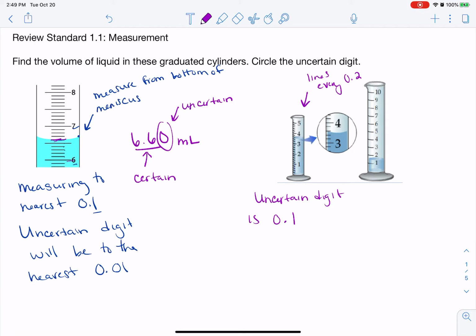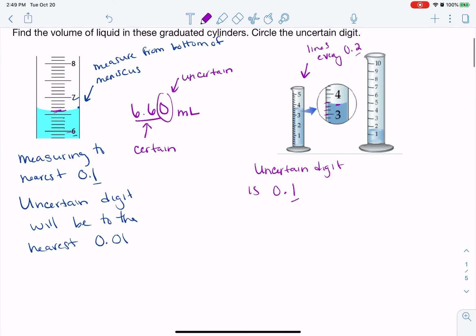Because 0.2 is certain, so our uncertain is going to be 0.1. So if we look at this, again, we're looking at the bottom of the meniscus here. This looks like it's 3.2, 3.4, 3.6. So it's between 3.4 and 3.6. So I'm going to say this is 3.5 milliliters. And here, this is my certain digit, and this is my uncertain digit. Okay.